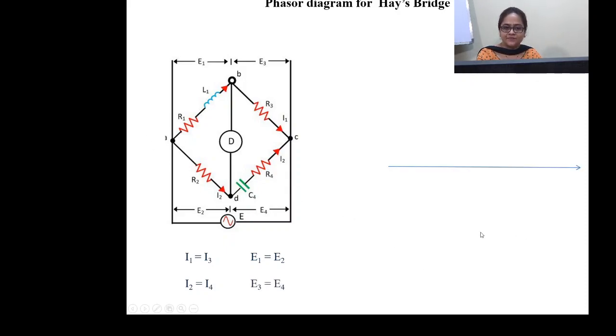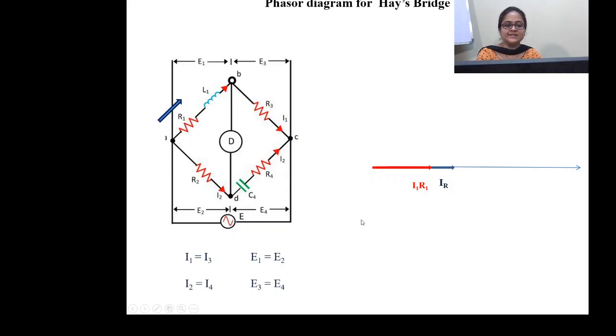This is the reference phase, that is the phase across R. So R1 is the resistor connected across the first arm. We have to draw both the phases, the current phase and voltage phase. Both will be in phase with the reference line. So IR and I1 R1. This is the voltage and current across R.